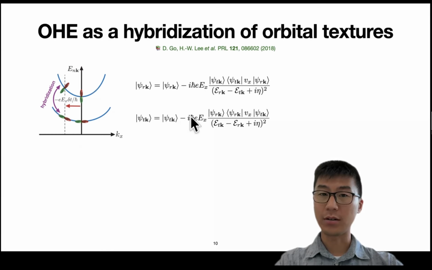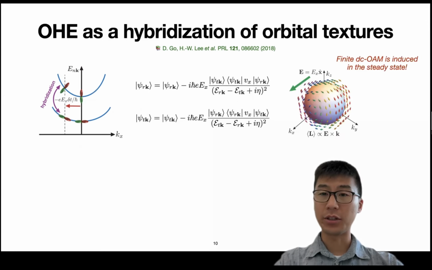This is very important because this means that this stationary state will have finite angular momentum. And the result is that in the stationary state under DC electric field, L is induced in the direction of E cross k for the simple orbital texture model.